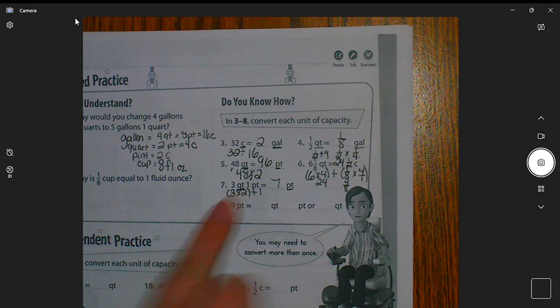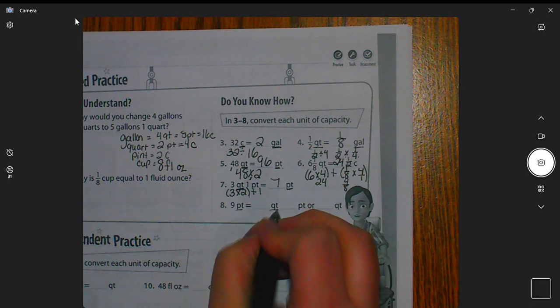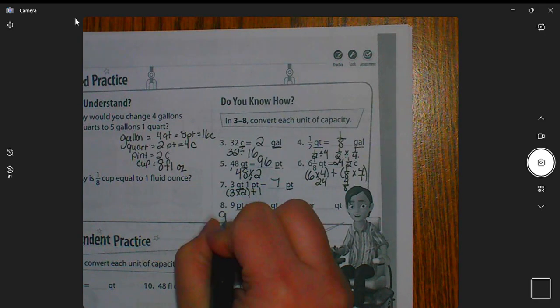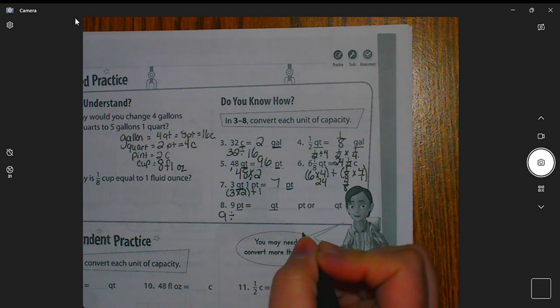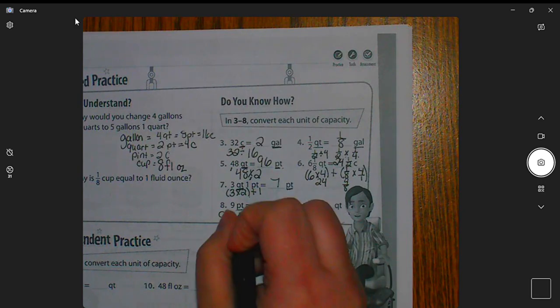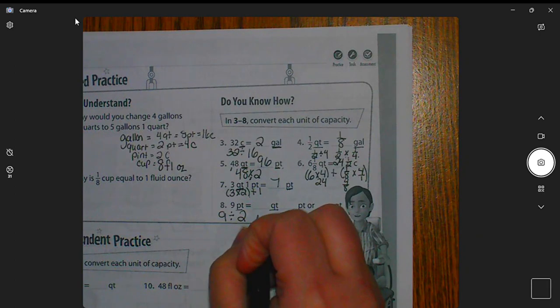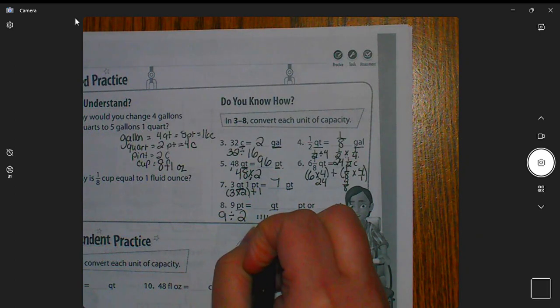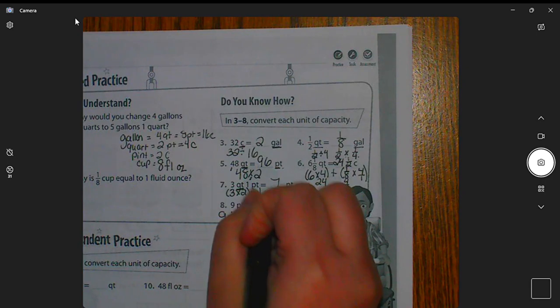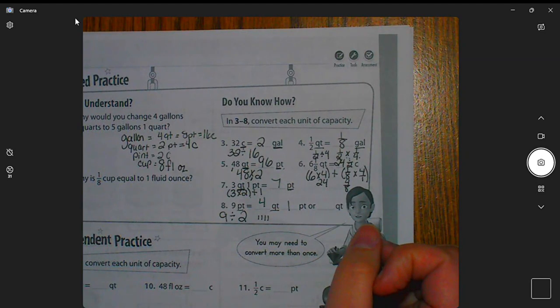Now, looking at this again, 9 pints. I'm going from little to big this time, from small to large. So 9, how many pints does it take to make a quart? Yes. 9 divided by 2. 2, 4, 6, 8. So 4 quarts. From 8 to 9 is 1, so 4 quarts, 1 pint. Or how many quarts would that be?